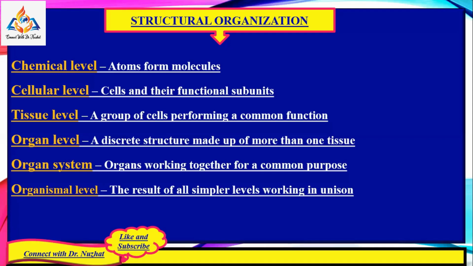Second is the cellular level. Why is cellular organization important? Living organisms need to do things in order to survive. A cell is the basic unit of life and the smallest unit capable of reproduction. Cells are made up of organic molecules, contain nucleic acids such as DNA and RNA.